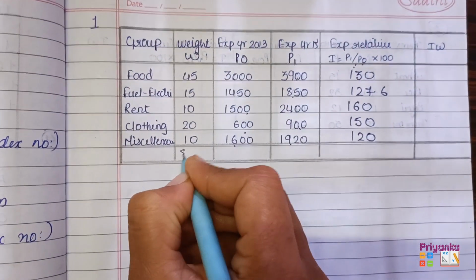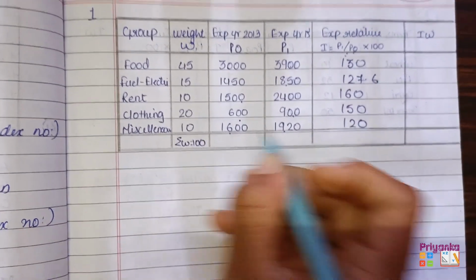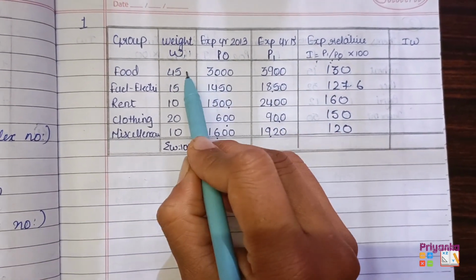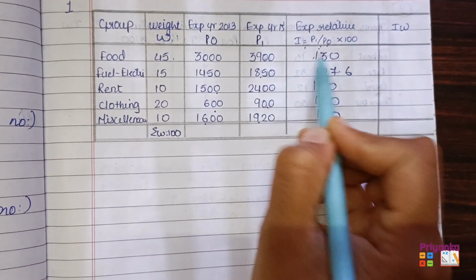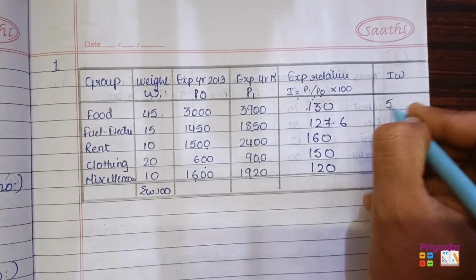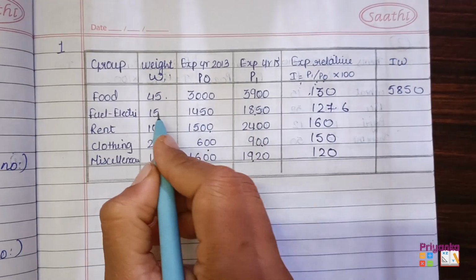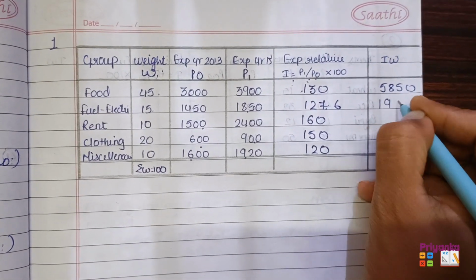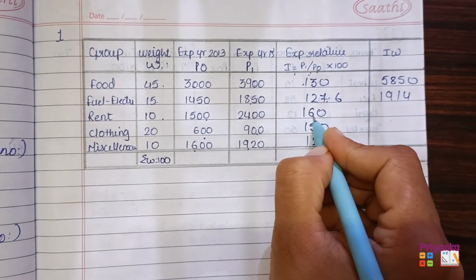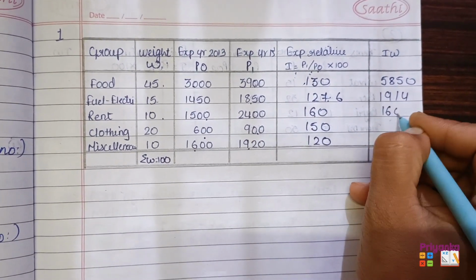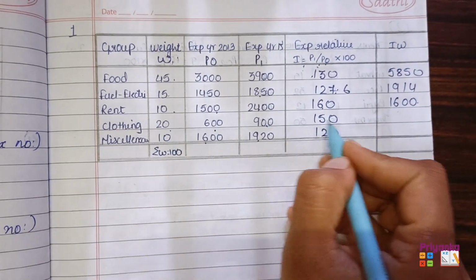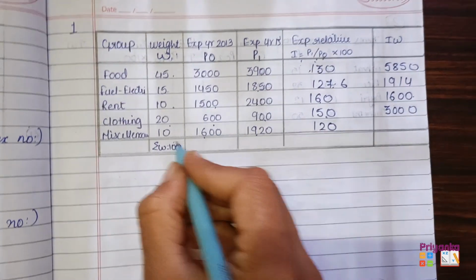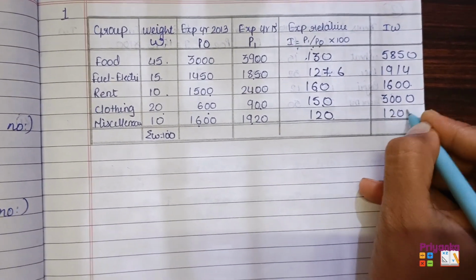Take the total of weight, that is 100. Now let's multiply W and I, that is 45 multiplied by 130, we get 5850. Next 15 multiplied by 127.6, 1914. 10 multiplied by 160, that is 1600. 20 multiplied by 150, here we get 3000. 10 multiplied by 120, that is 1200.